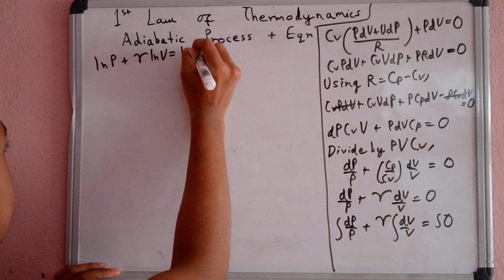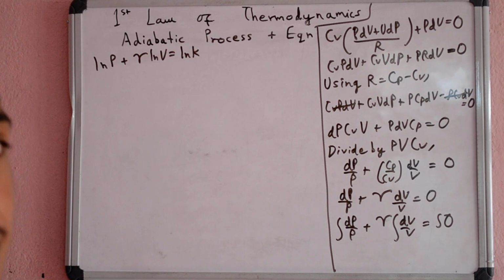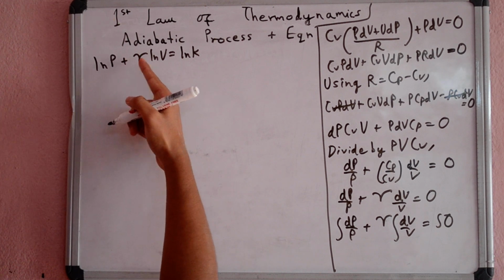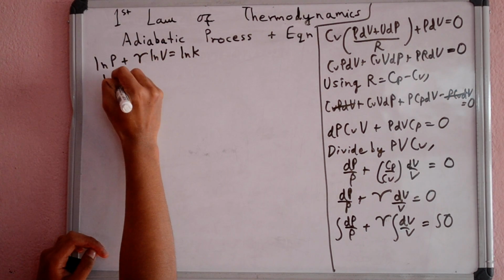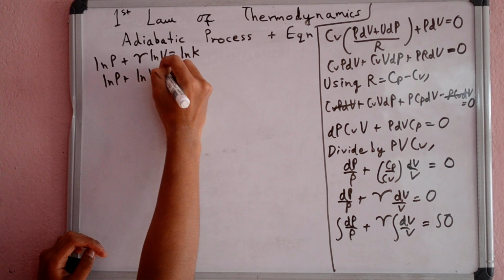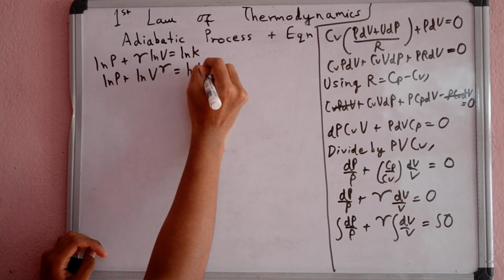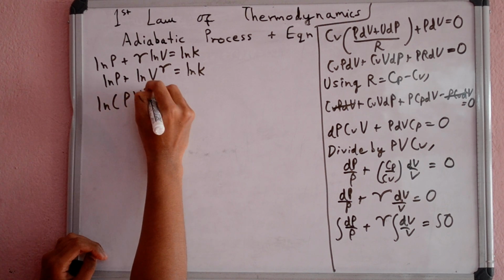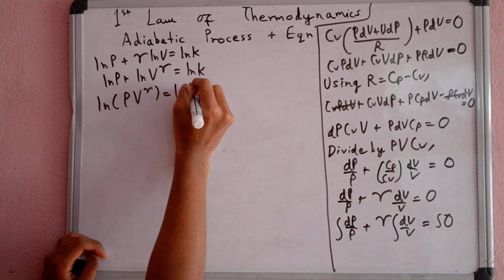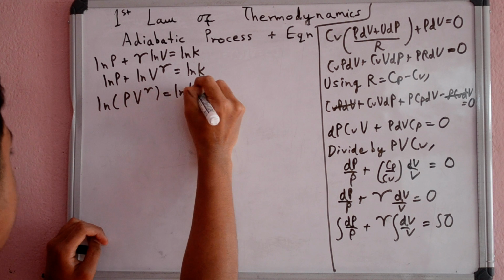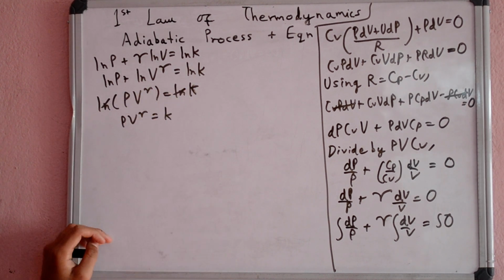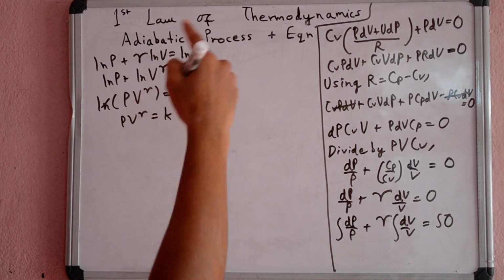Let's say the constant is ln k, such that we have ln everywhere and it will be nicer in the end. Using a log property, gamma becomes a power of V: ln P plus ln V to the power gamma equals ln k. Using another log property, ln(P V^gamma) equals ln k. Now the ln on both sides cancels, giving us P V^gamma equals constant. So this is the required adiabatic equation.